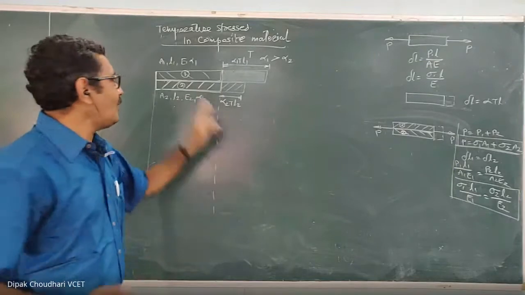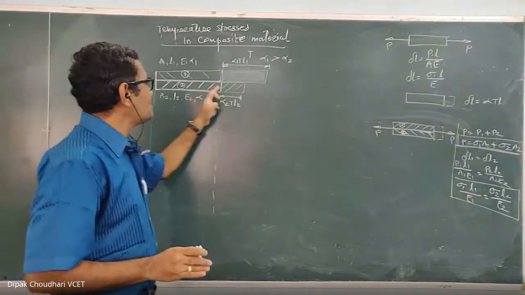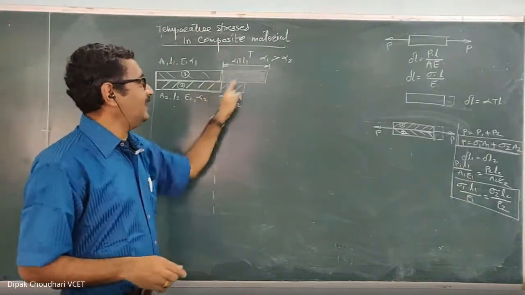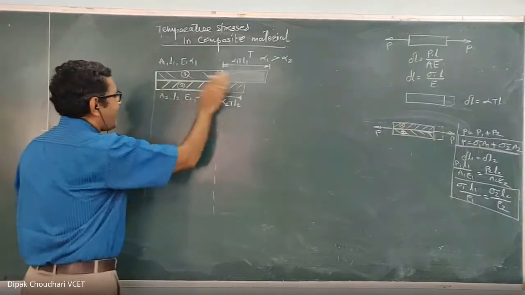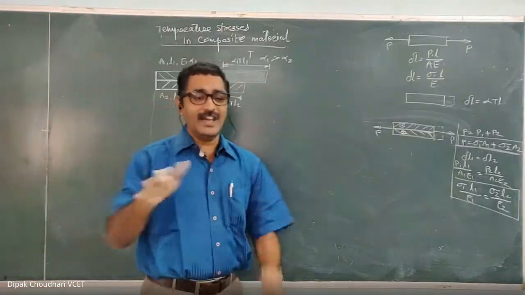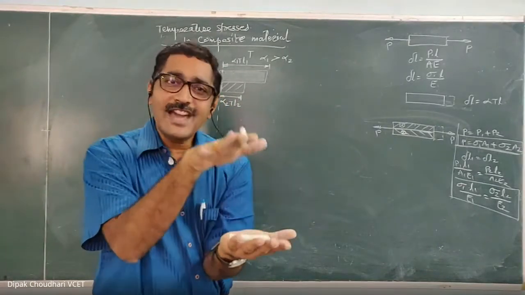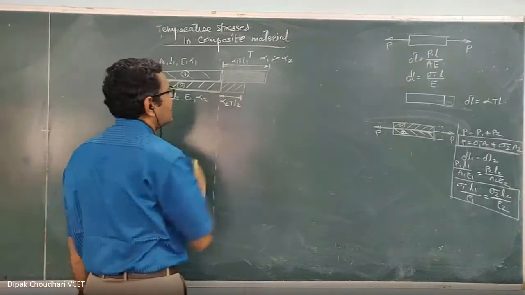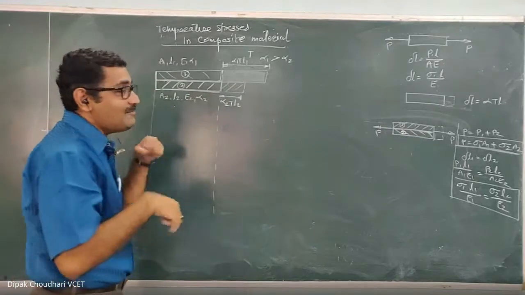If they are free to elongate, the deformation of material 1 is alpha 1 TL1 and the deformation of material 2 is alpha 2 TL2. This will be greater than this. Now, since these two materials are not free to elongate, they are rigidly connected with each other. Now, in this assembly, what will happen?